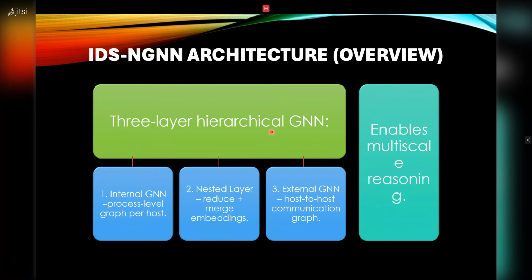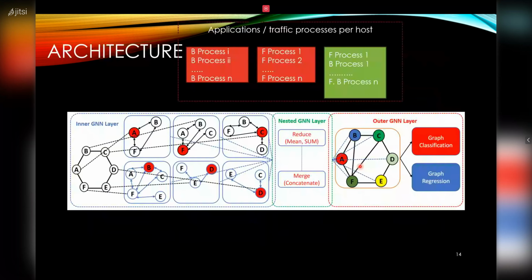Our GNN has a three-layer architecture: the inner GNN processes the graph per host, per node; the nested layer helps us reduce and merge embeddings; and the outer layer represents host-to-host communication and classifies the graph based on node-to-node relations. It provides us multi-scale reasoning.